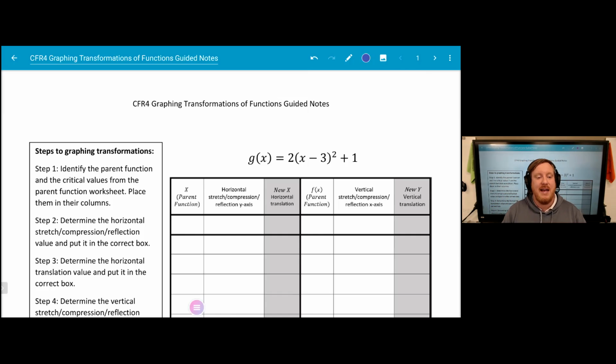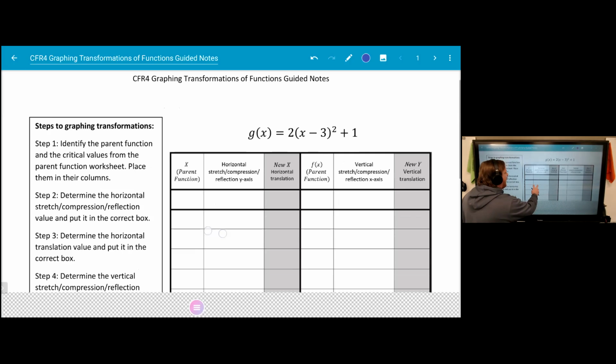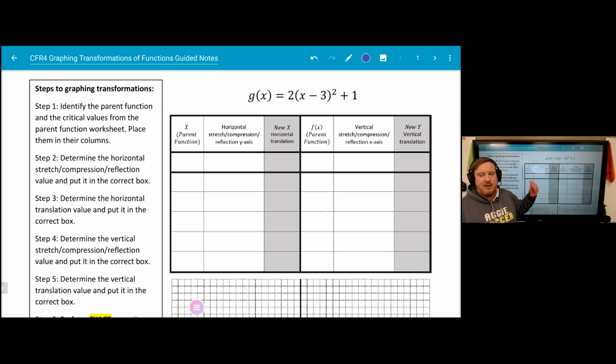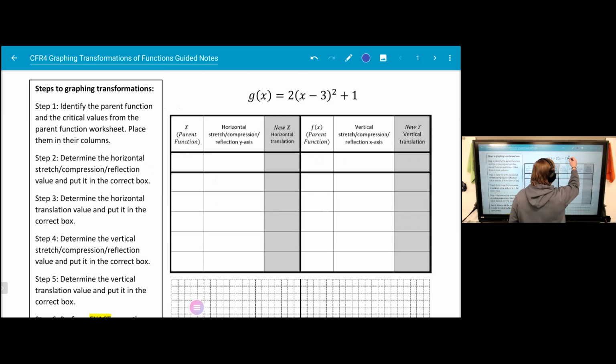Step 1 is to identify the parent function and critical values from the parent function worksheet. Place them in their columns. There's a reason we've done our critical values, because first I need to figure out what my parent function is, and then I need to place the critical values in the correct spots. I see something that's squared. So something squared indicates that our parent function is going to be x squared.